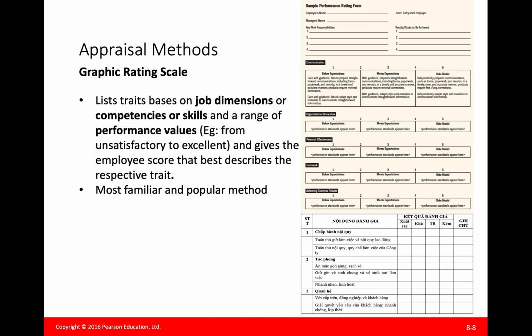Graphic rating scale is a new one here, so let me explain again. Graphic rating scale in Vietnamese we call thang điểm vẽ bằng đồ thị. In this appraisal method, they have a few job dimensions or competencies or skills that they're going to evaluate employees on.